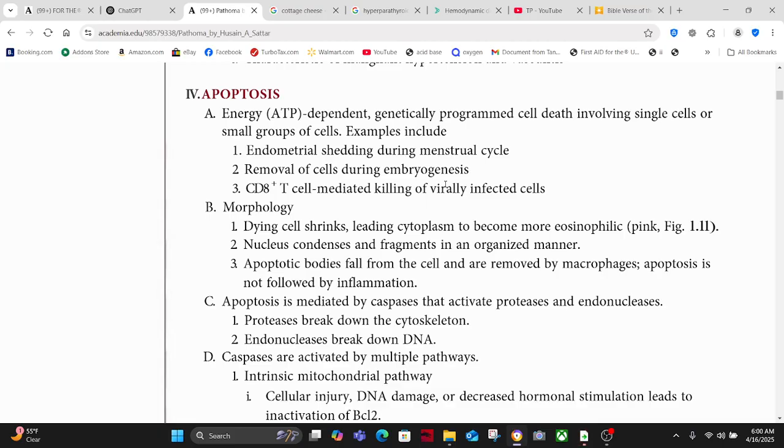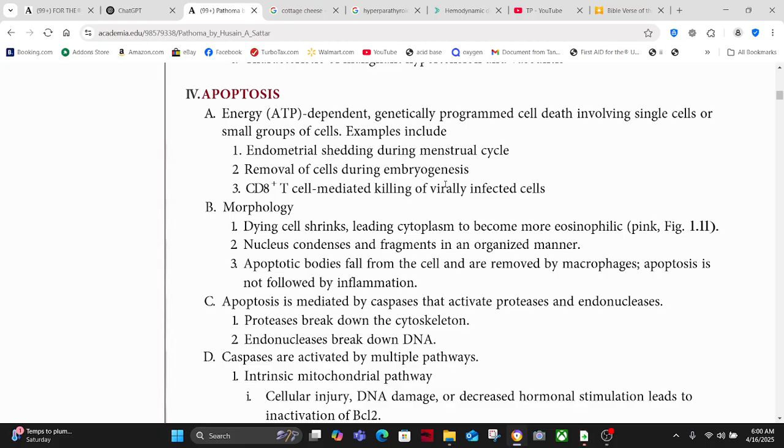Apoptosis is energy, ATP dependent, generally programmed cell death involving single cells or small groups of cells. Examples include endometrial shedding during the menstrual cycle, removal of cells during embryogenesis, and the CD8 T cell mediated killing of virally infected cells.